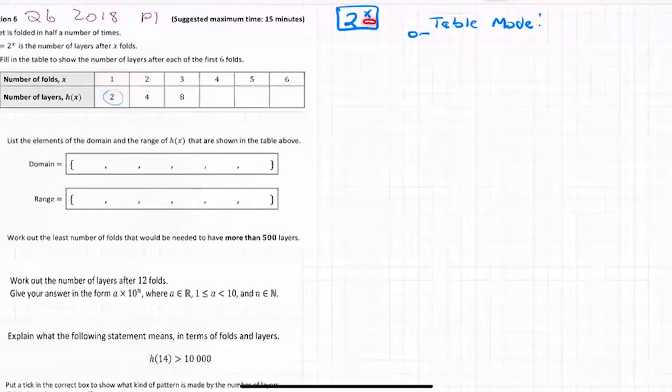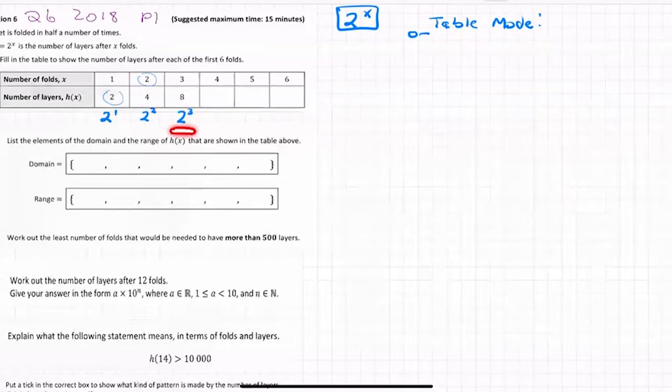So in my function, x is being replaced by 1. So for this one here, I would have 2 to the power of 1. For this one here, I would have 2 to the power of 2. For this one here, I have 2 to the power of 3.